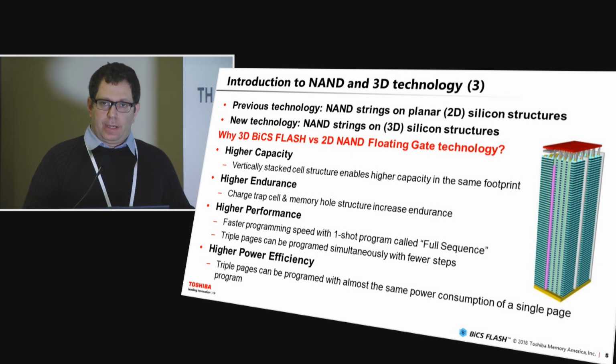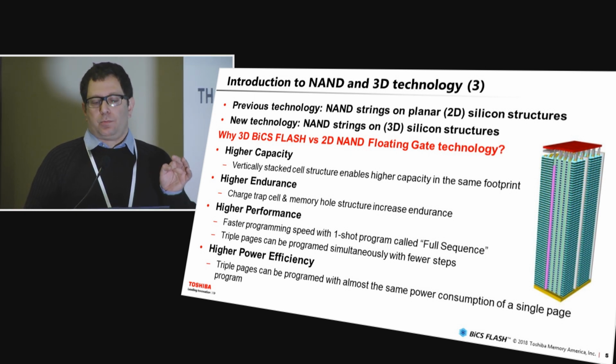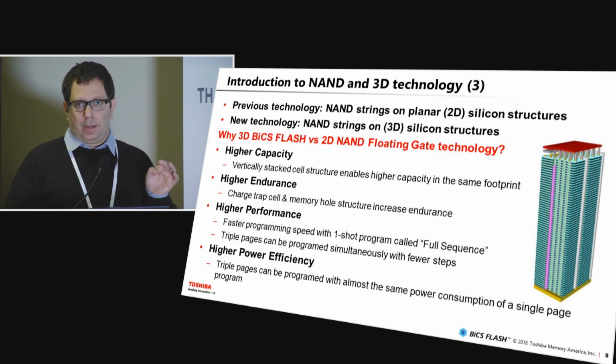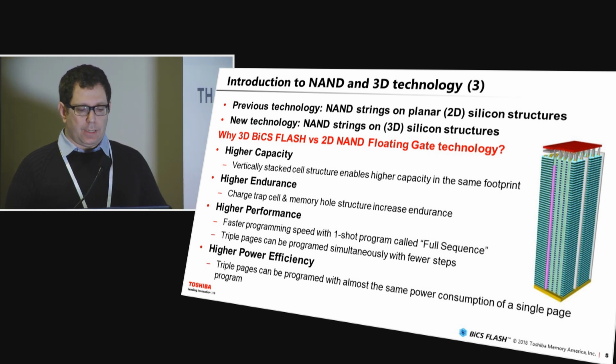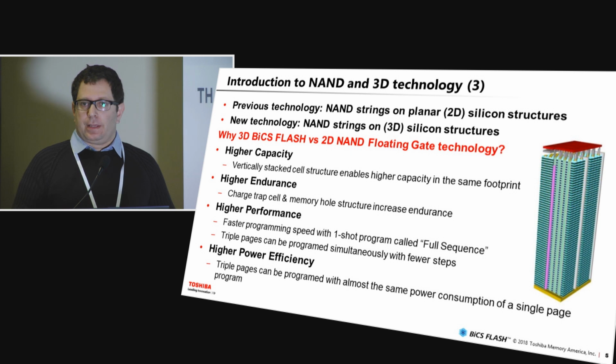So you are able now to increase the capacity of the system. You also get a higher endurance because now you can store more electrons or more charge per cell. So you have higher reliability. This is why in 3D NAND now we are talking about enabling QLC devices, not just TLC devices.